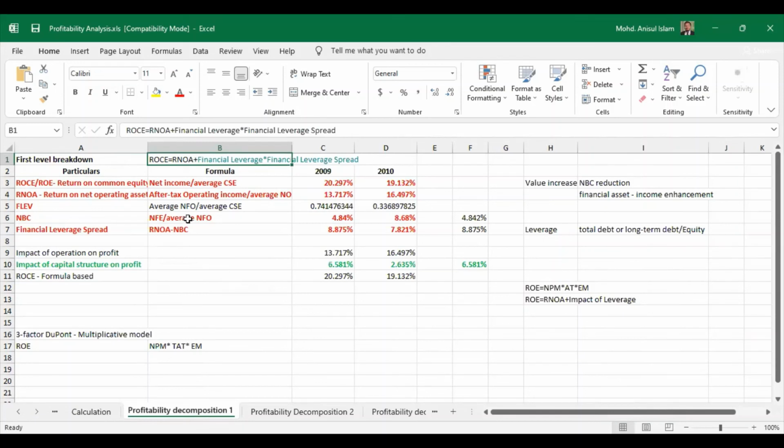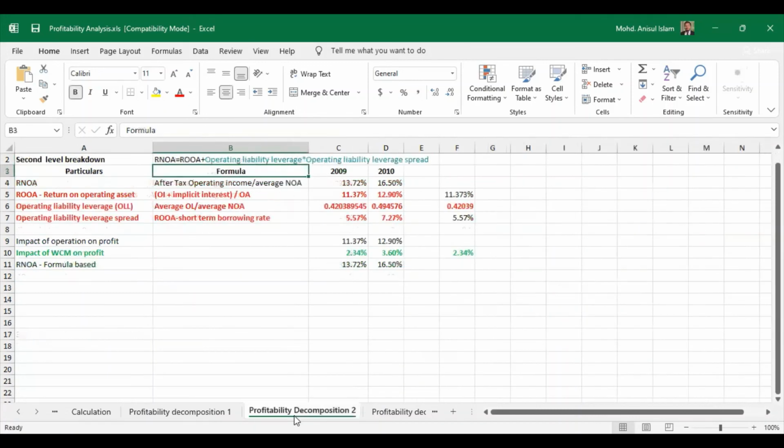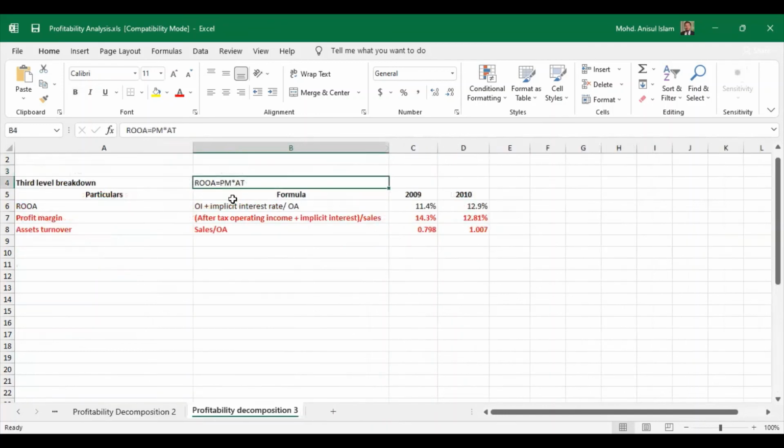And in the level 2 breakdown, we decomposed the return on net operating asset by taking the return on operating asset and the operating liability leverage. Now in the level 3 breakdown, we decompose this return on operating asset by looking at the profit margin and the asset turnover, right?